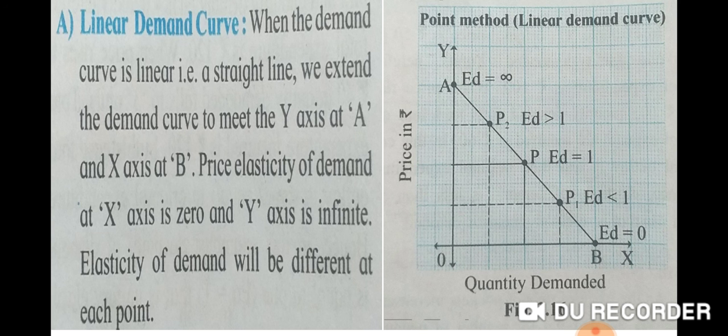This diagram is known as a linear demand curve because it is a straight line sloping downward from left to right. Price elasticity of demand at the x axis is 0 and at the y axis is infinite. At point B, elasticity of demand is equal to 0, and at point A, elasticity of demand is equal to infinite.